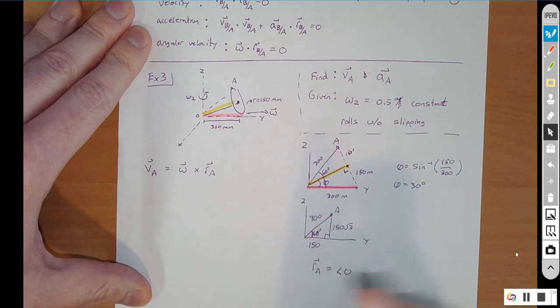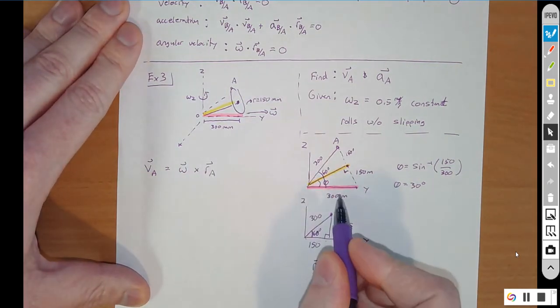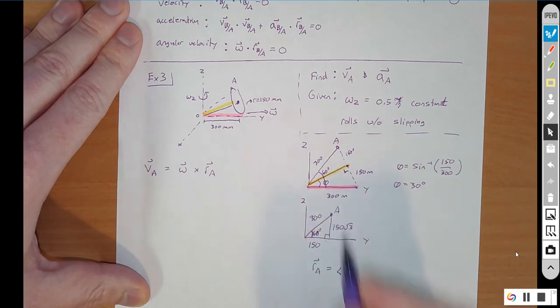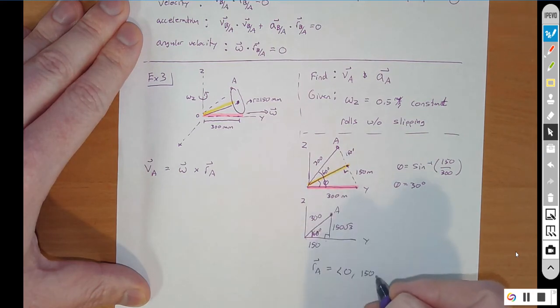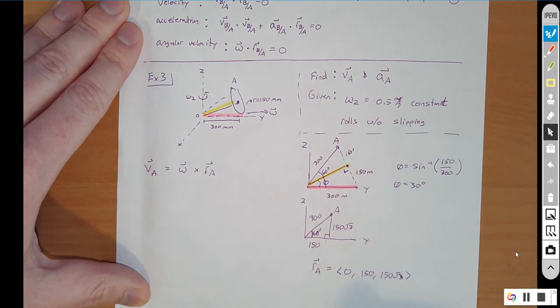There's nothing in the x direction. It's not the full 300; it only goes over 150 to get up to A. I'm just going to do this in millimeters, and we can convert to meters later if we need to. And then 150 root 3 to get up to A in the z direction. So that's our vector RA.